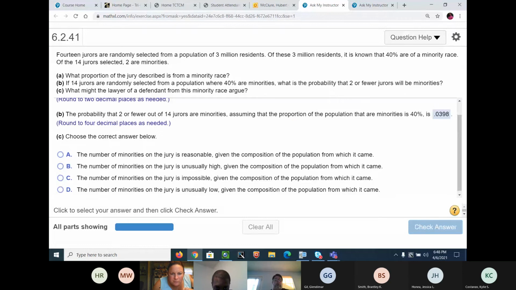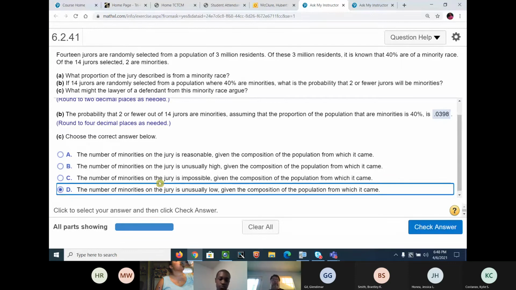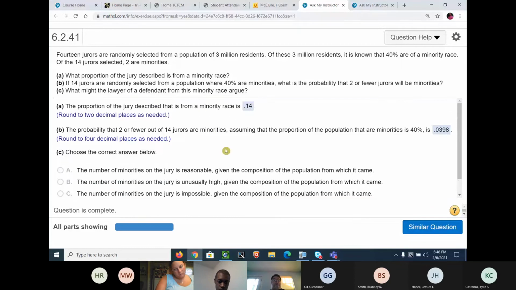C. Check it now. It's either C or D. Read the whole sentence. Remember the 3 million. D. D is in Delta. Because you're coming from 3 million people. There should be more than 2 minorities on there. Now that's a good question, so make sure you make a note of that one.